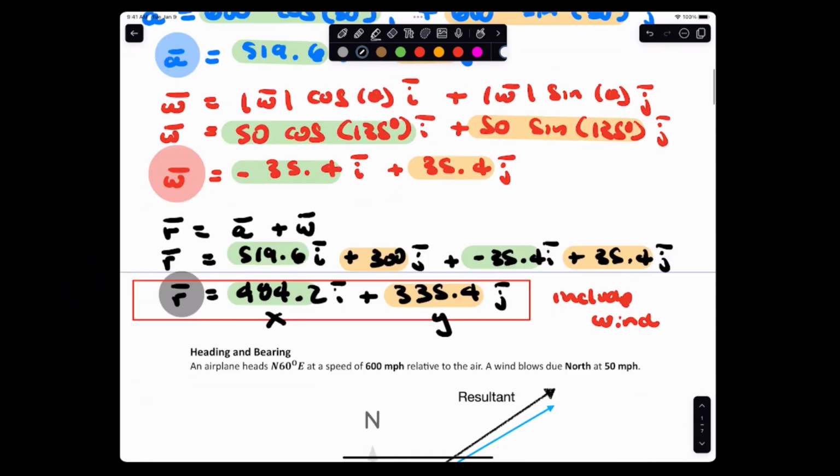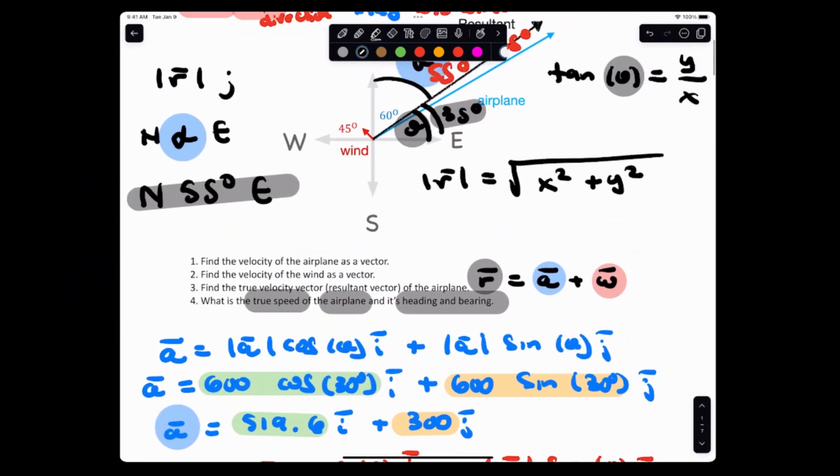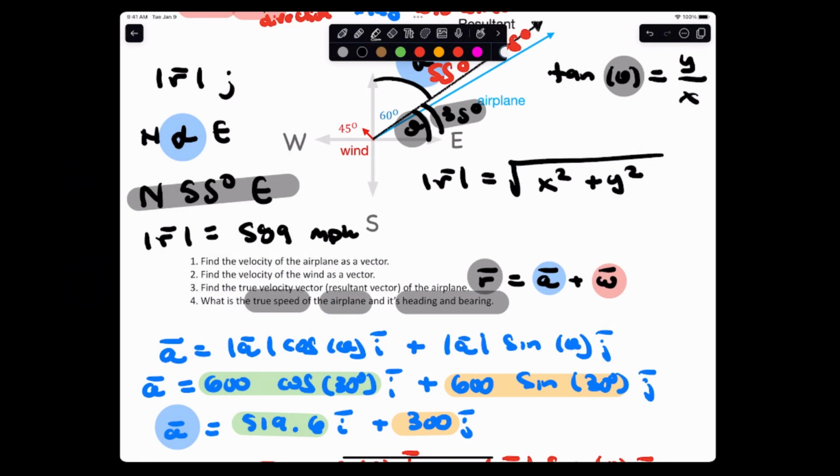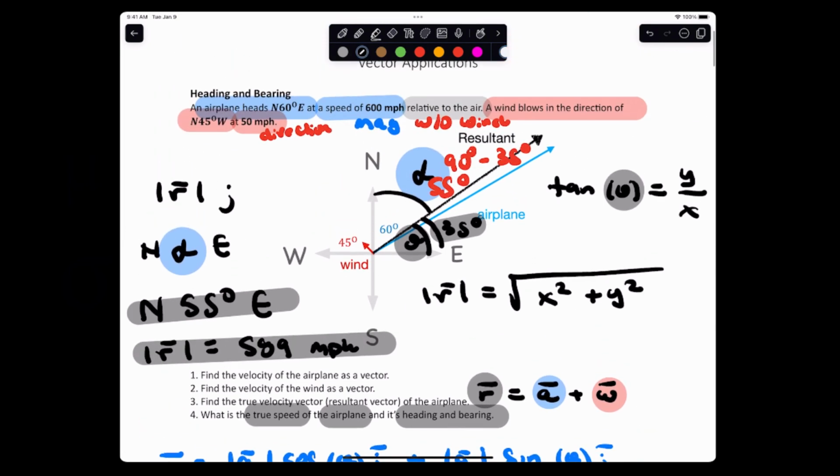What was the magnitude? Do you guys remember? What was that R going to be? I think I have it still, 589. So, ladies and gentlemen, you have all the information. This is the true magnitude and direction of the airplane when you include the wind.